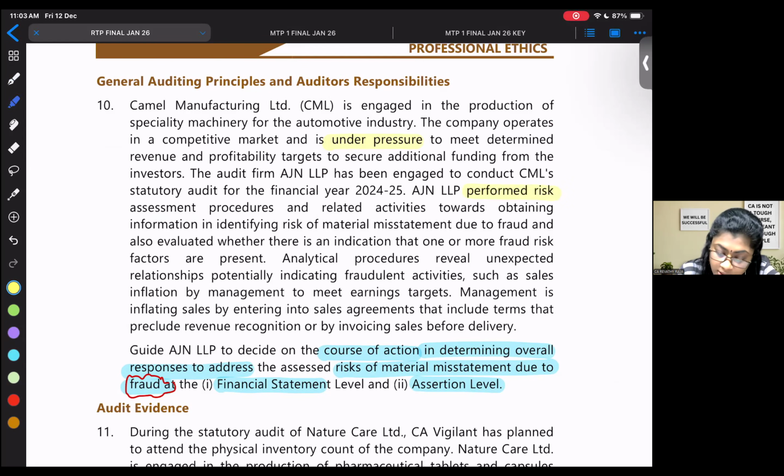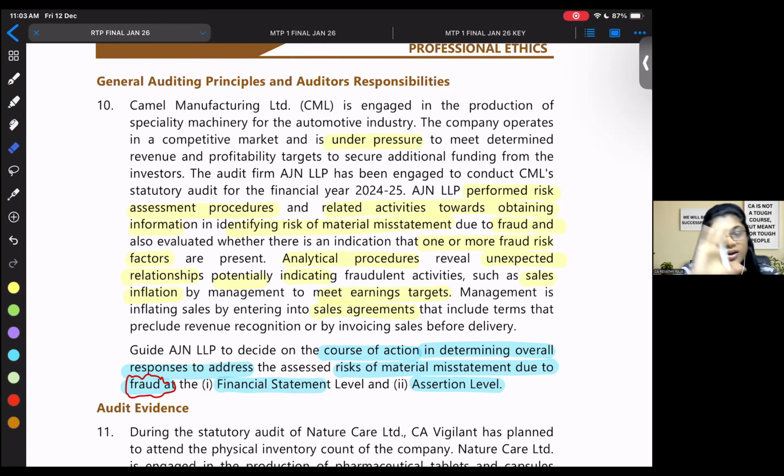AJN performed risk assessment procedures towards identifying risk due to fraud and evaluated whether there is an indication of one or more fraud risk factors. Analytical procedures revealed unexpected relationships potentially indicating fraudulent activity such as sales inflation to meet earnings. Management is inflating sales by entering into sale agreements which include terms that preclude revenue recognition before delivery.